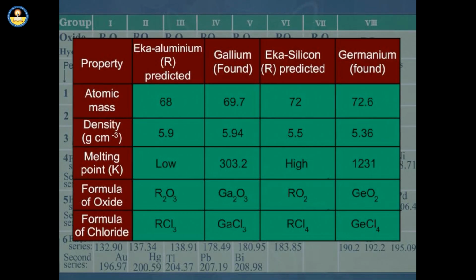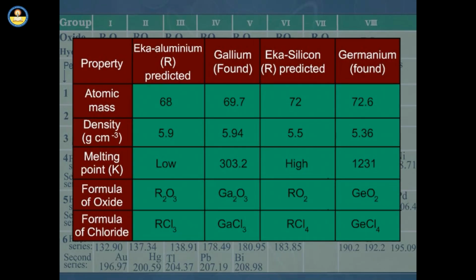For example, the properties of eka aluminium and eka silicon as predicted by Mendeleev and those found by Winkler for gallium and germanium respectively are very similar, as shown on screen.